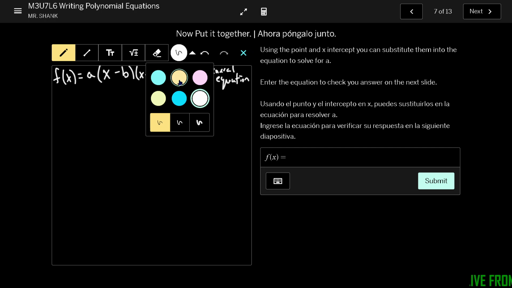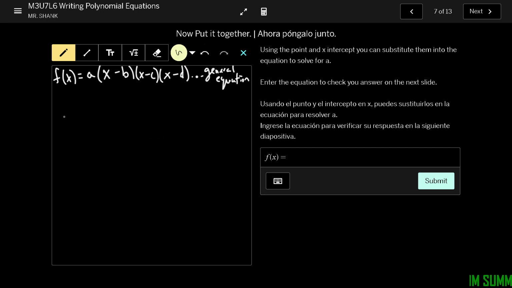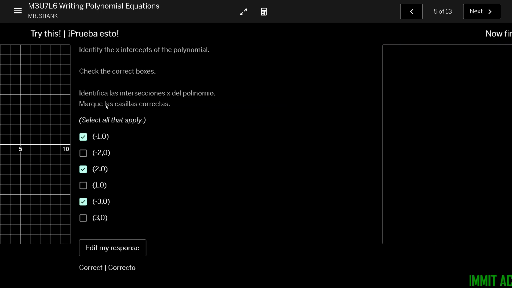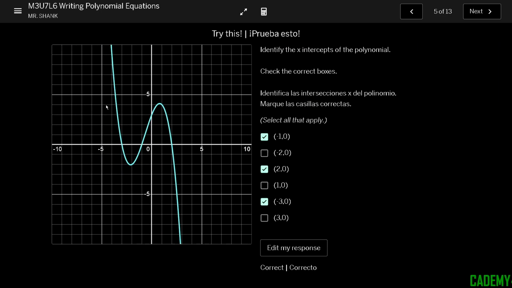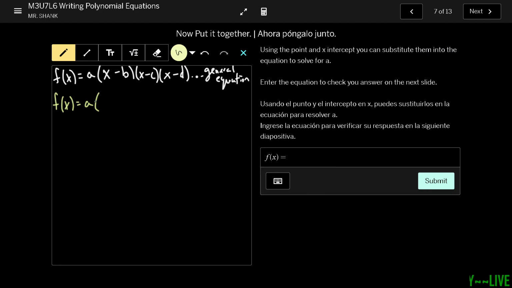Now let's substitute in those x-intercepts. Let's do a different color here. So I have f of x equals, I don't know what a is, but it goes through -3, -1, +2. So there's -3 in my point, which means I have x plus 3 in my equation. Since it's -1 on our graph, we have x plus 1. Again, take the opposite of those x-intercepts.